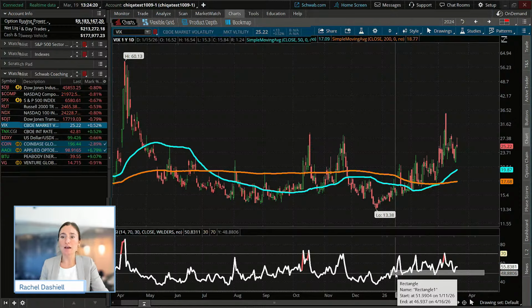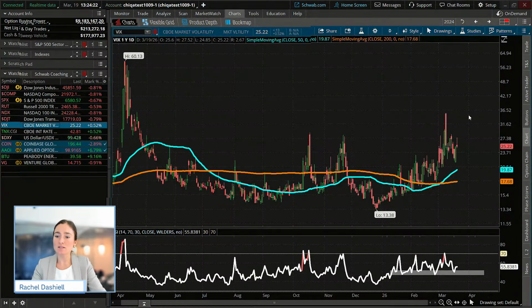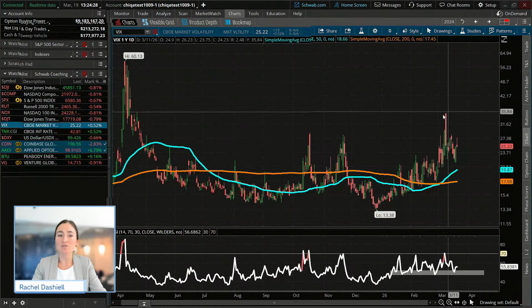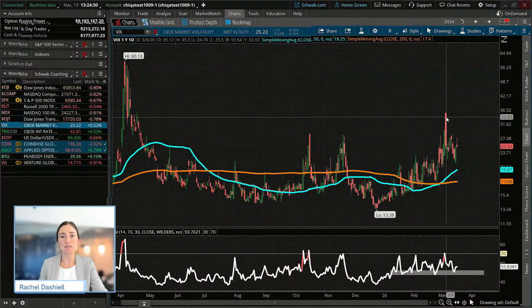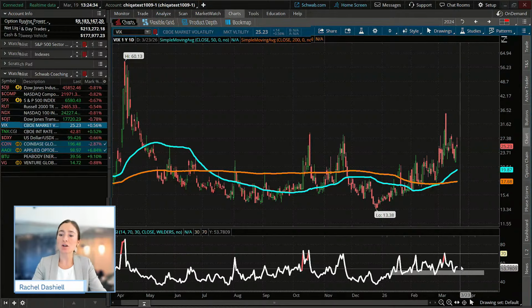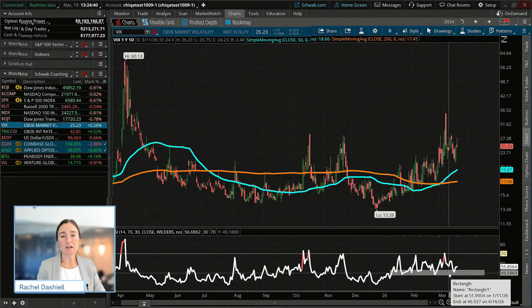There is not yet sheer panic. There was a little bit of panic here on March 9th where the VIX went above 30, which typically signals more of that panic indicator. But again, we are still having just a little bit more fear in the market, but not necessarily the panic.